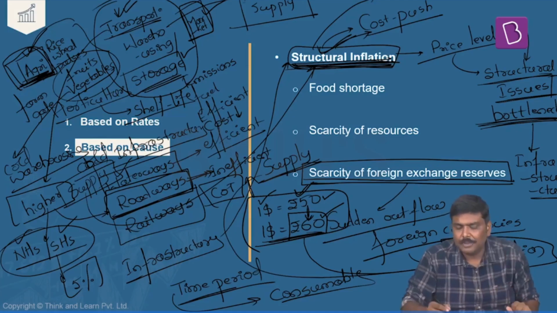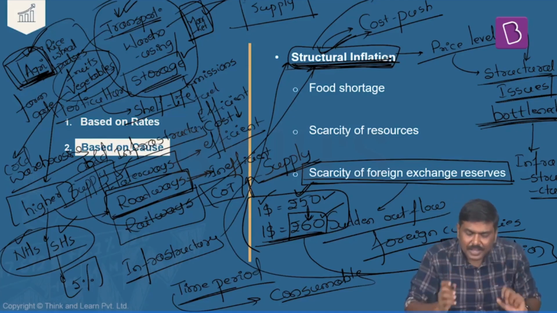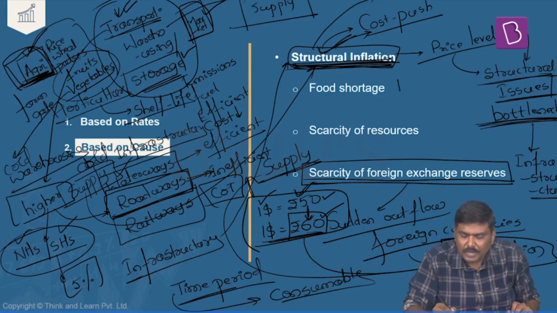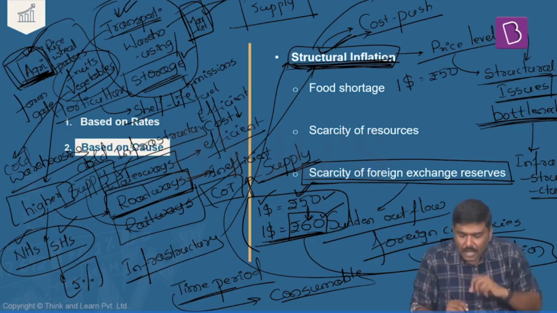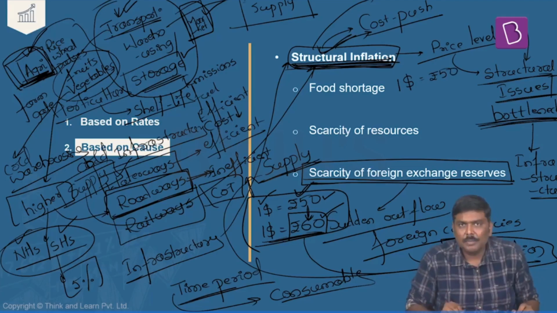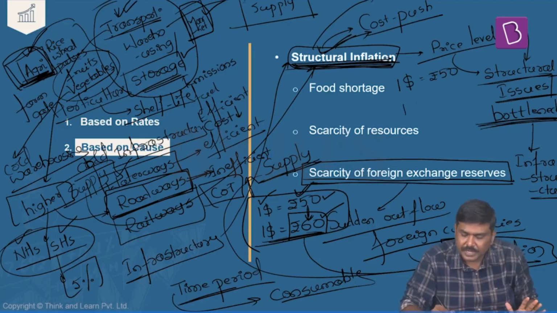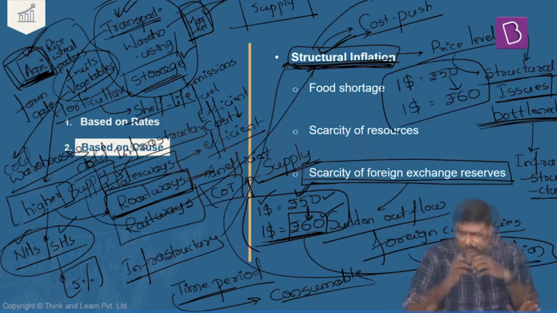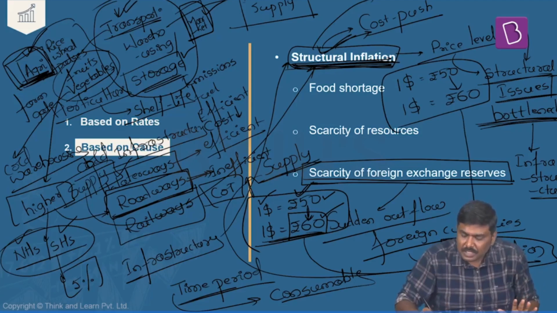Imagine last month I imported a raw material when the exchange rate was $1 equals 50 rupees. Now, I'm importing this raw material when the rupee has depreciated to $1 equals 60 rupees. So with rupee depreciation, these imports have become costlier.